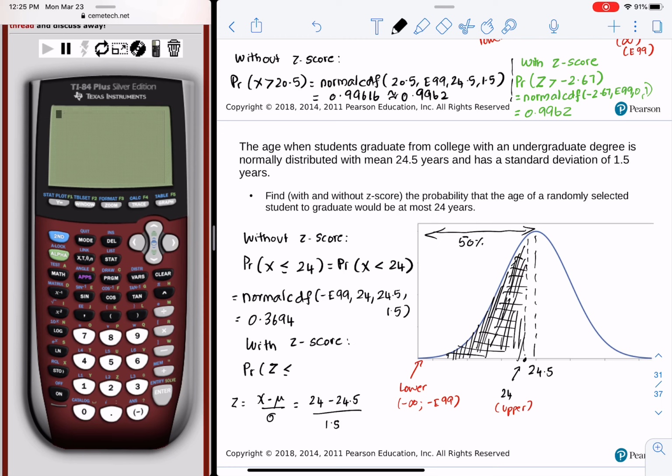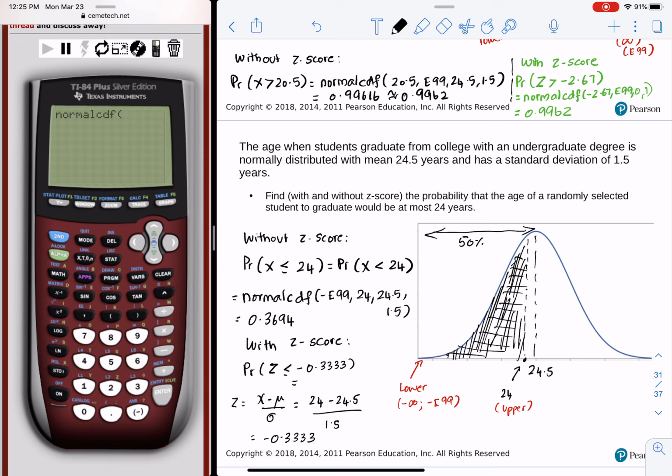So 24 minus 24.5 divided by 1.5, and that gives us negative 0.3333. So what we're trying to find is z less than negative 0.3333.